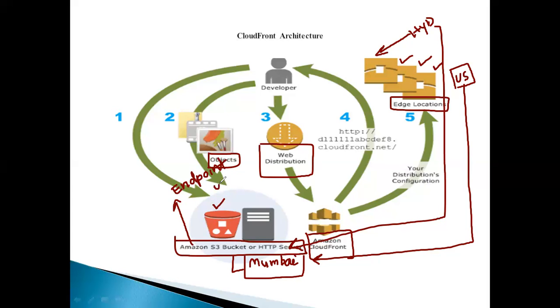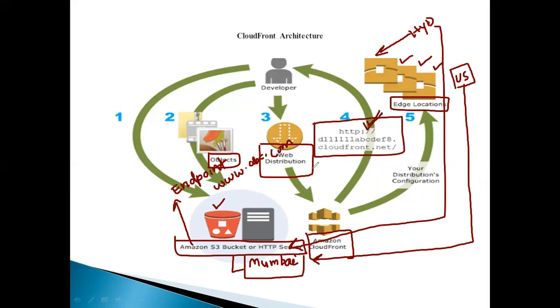For example, you already purchased your domain name, www.abc.com, and you need to configure it. Via this name, you can access the same website. Third, AWS will provide you a CloudFront distribution domain name. Via this domain name, you can access the website.